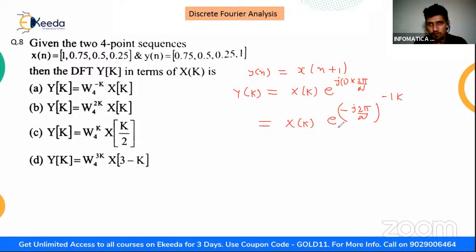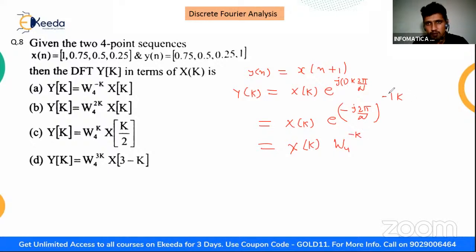This will be the same, and this is known as W. This we use in fast Fourier transform and DFT, both. So we can say W4, since we are considering the 4-point DFT, raised to the power minus k, so basically 1k.